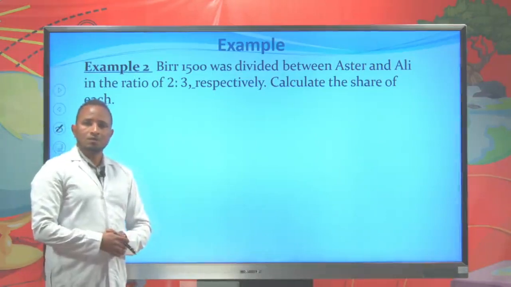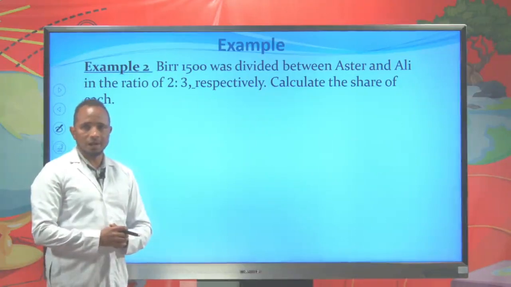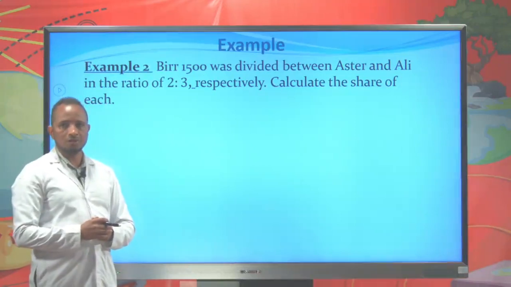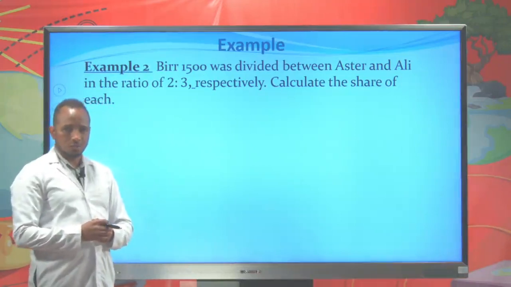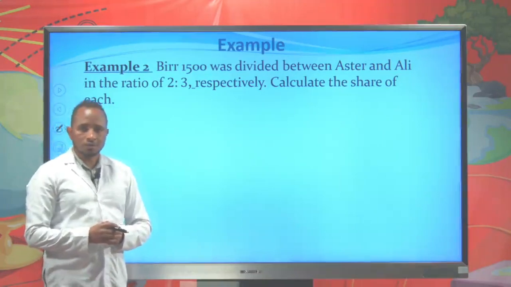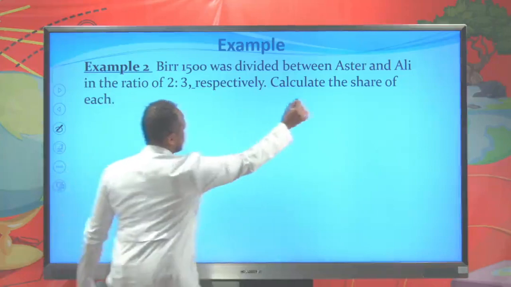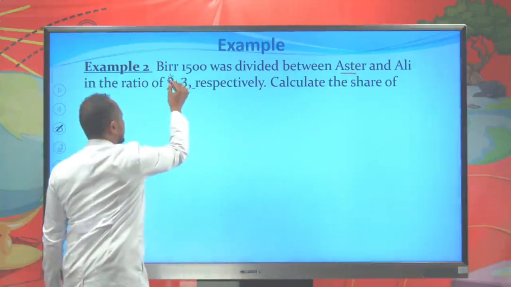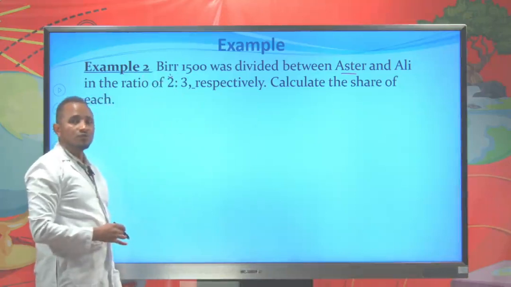Birr 1,500 was divided between two persons, Aster and Ali, in the ratio of 2 ratio 3, respectively. Calculate the share of each. To do this, Aster shares 2 parts out of the total of 5, 2 fifths.